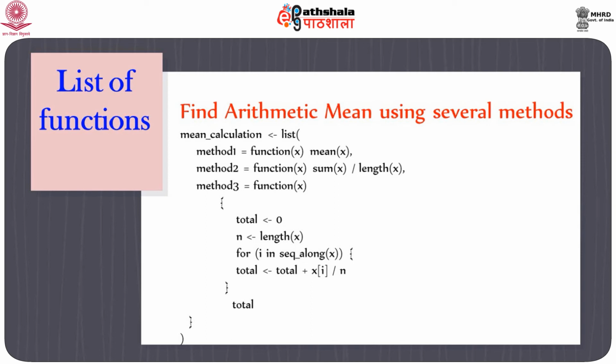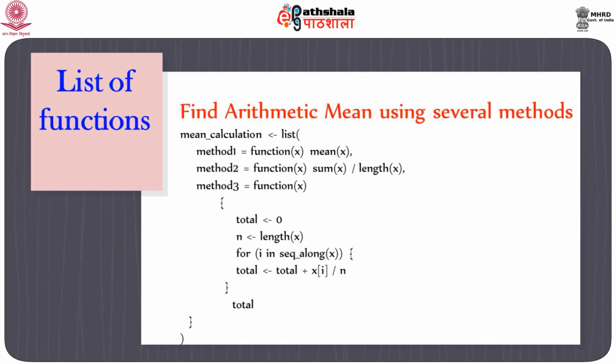In case of method 2, we are dividing the sum of x by the length of x, and as in method 3, we are starting with a total of 0, which is the initial value, and then we keep on updating the total by adding up the x values within a for loop, and then dividing the whole thing by the total number of observations. So, these are 3 ways that are shown here to calculate the mean of x.